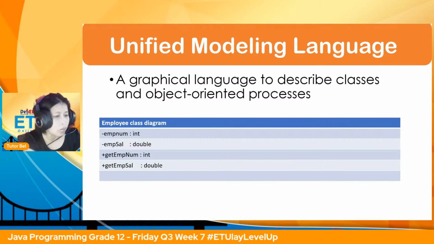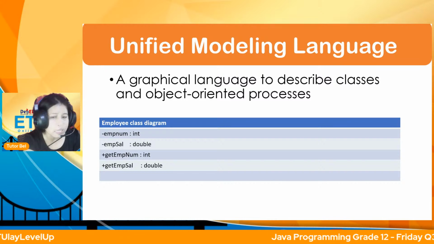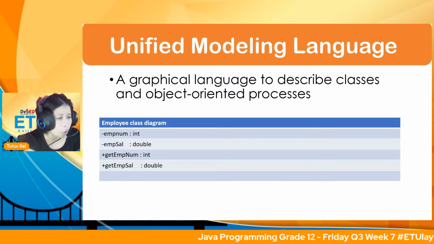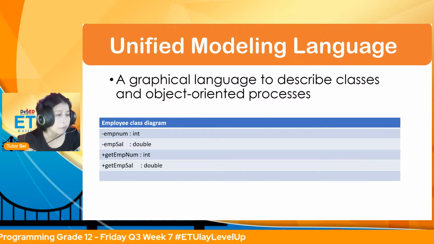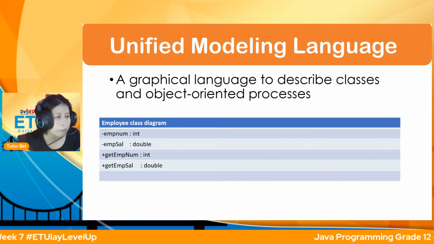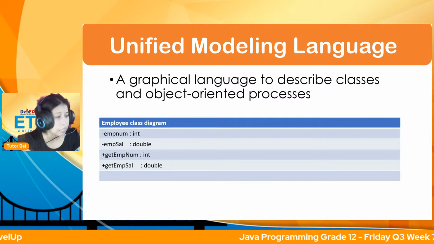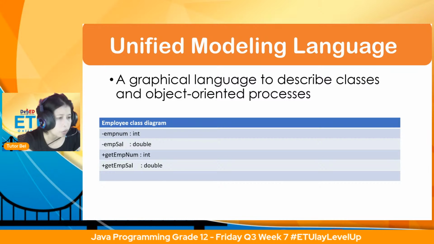Lahat po ng attributes na meron sa isang employee class, mai-inherit ko 'yan, including po yung kung ano man yung data types na meron sa isang database. Makikita po natin na mai-inherit ko lahat 'yan kapag ginamitan ng tinatawag na Unified Modeling Language.